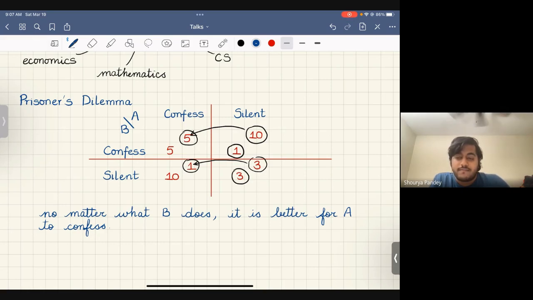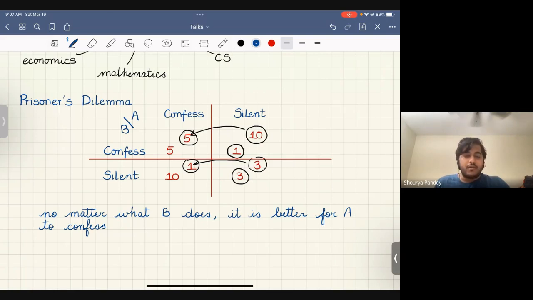The point is that since you don't have information, it doesn't really matter what the other person is doing. No matter what the other person does, it's always better for you to confess, right? Because it reduces your jail time.